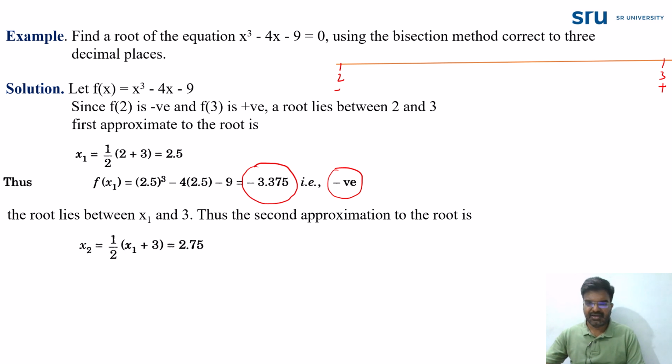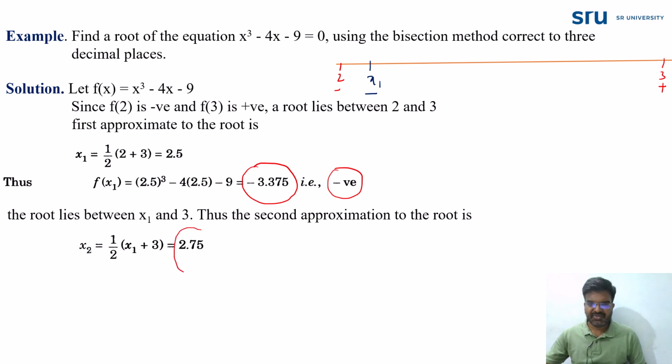It is a midpoint, but for my convenience I will write it here. Actually we have to write it exactly in the middle, but only for convenience I am writing it here. Now the root lies in between x1 and 3. So what is the next approximation of the root? That is the midpoint of x1 and 3. See, we are finding the midpoint of x1 and 3 here.